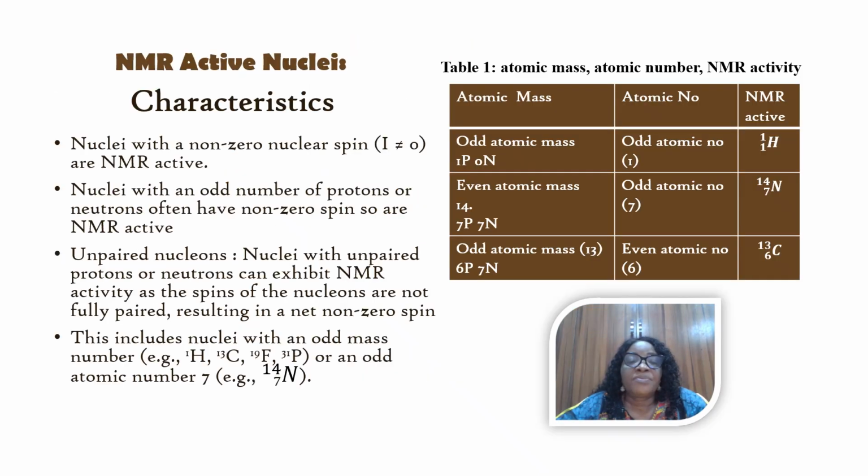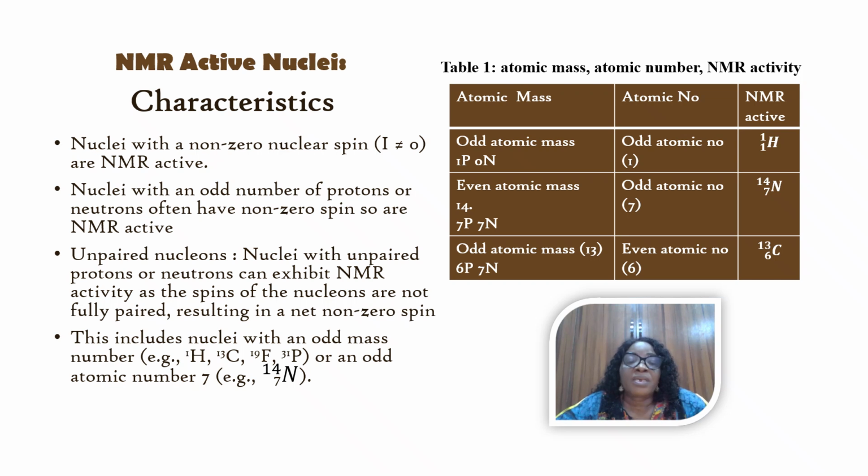NMR active nuclei characteristics. Nuclei with a non-zero nuclear spin, I not equal to 0, are NMR active. Nuclei with an odd number of protons or neutrons often have non-zero spin, so are NMR active.